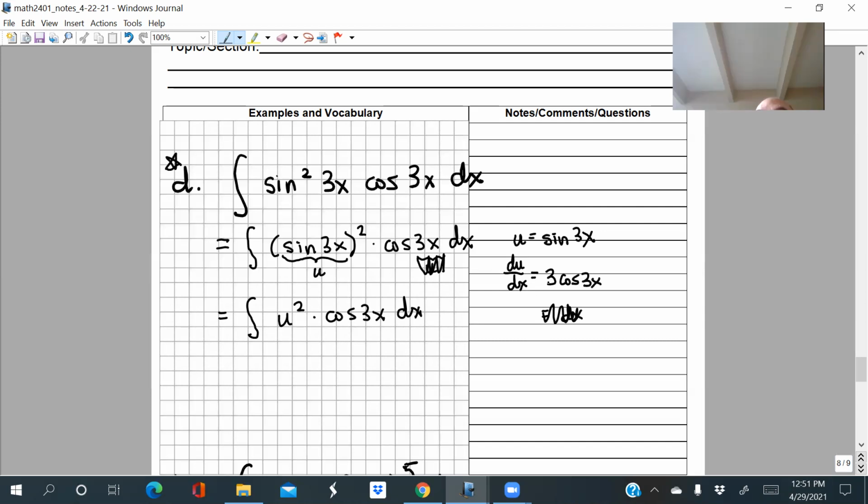No, we don't want to differentiate. We already differentiated sine of 3x. So we got du over dx is 3 cosine 3x. Yes, and now we just want to solve for dx, because I want to get rid of dx over here. So I want to solve this equation for dx so that I can get rid of the dx over here.